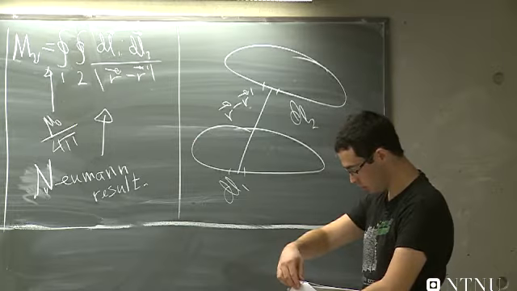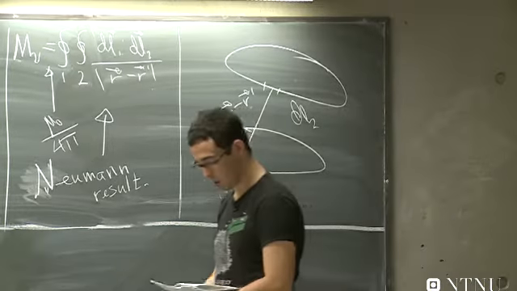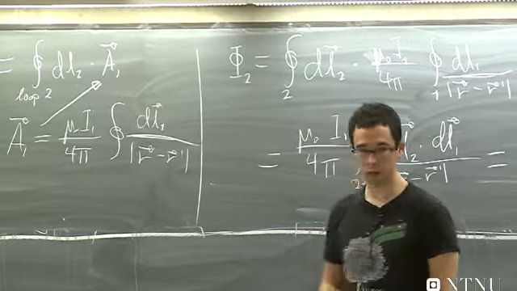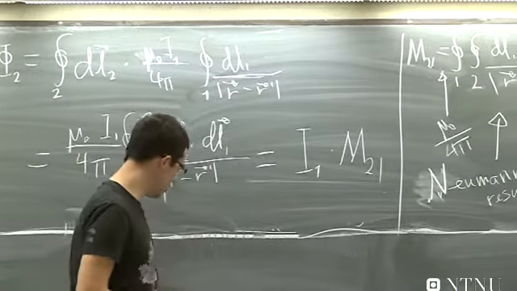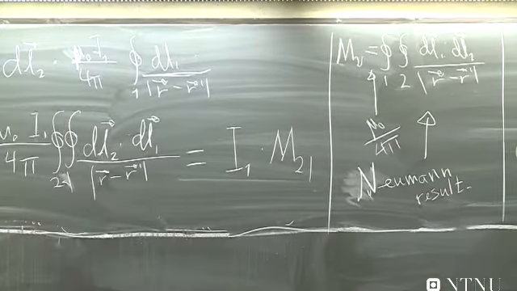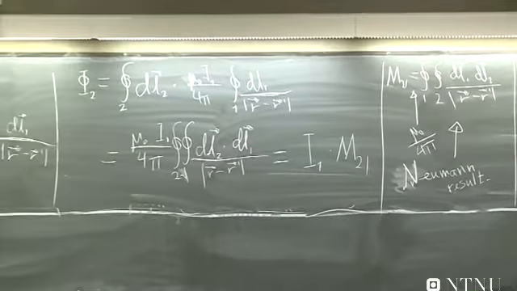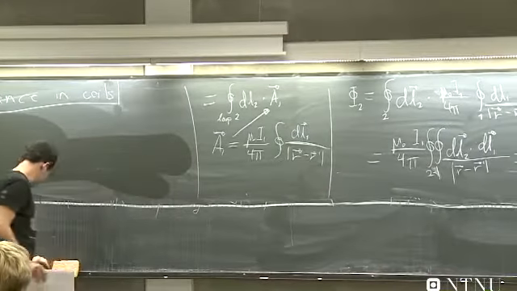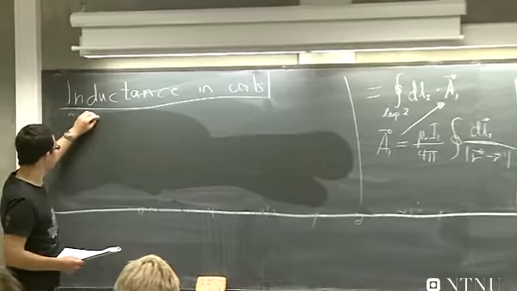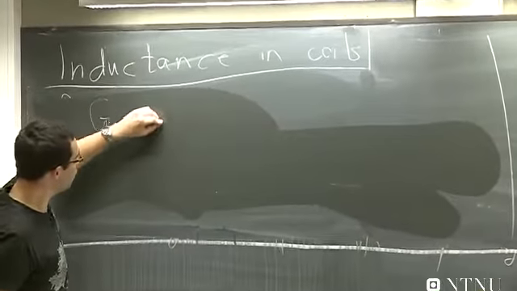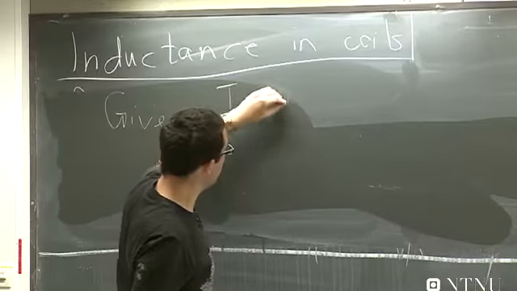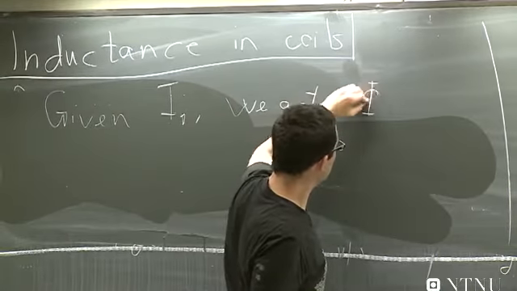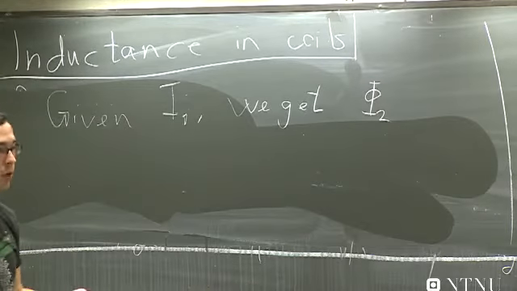All right. This also means, of course, that the flux phi2 due to I1 is the same as phi1 if I2 is equal to I1. Okay? Maybe I should write that down because it's kind of confusing when you say it. So given I1, we get phi2, right?